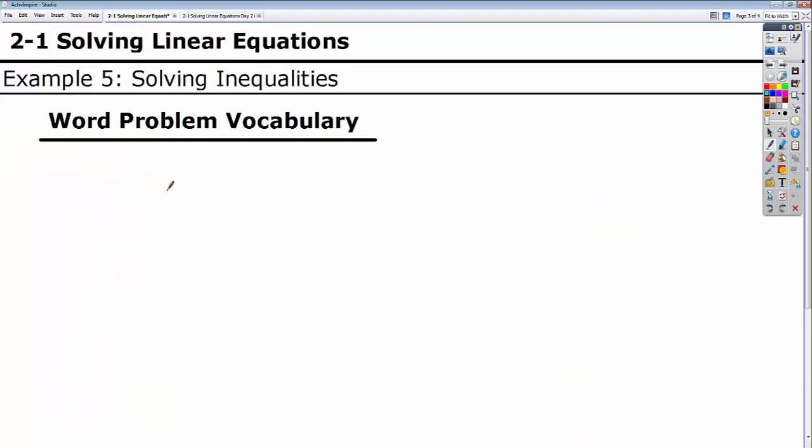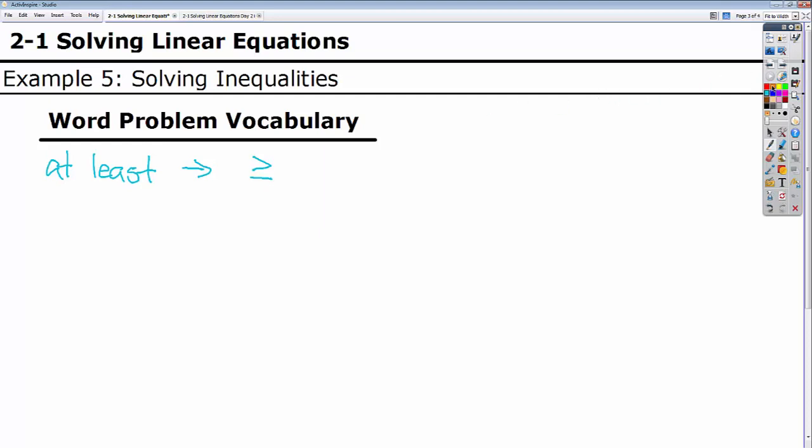Some word problem vocabulary. So if you see the words at least in a word problem, this means greater than or equal to. Okay, that means we want at least this much money, but we would like to have more. So at least, that's equal to or more.